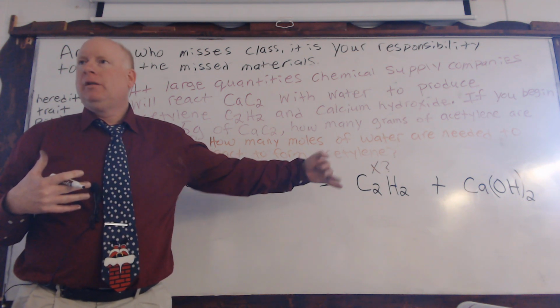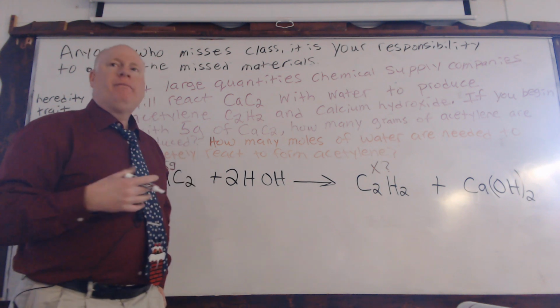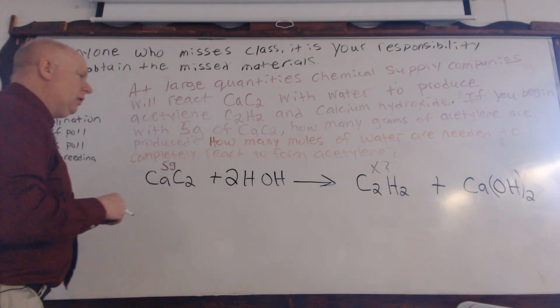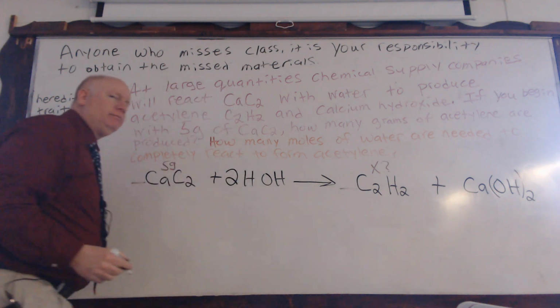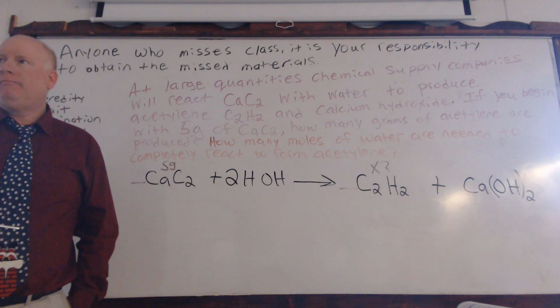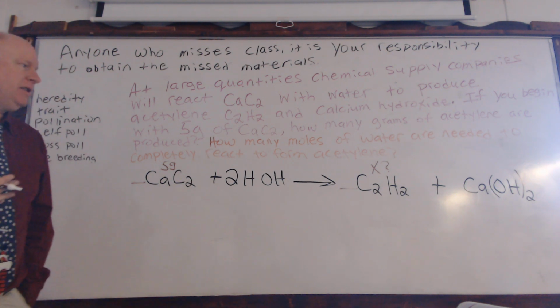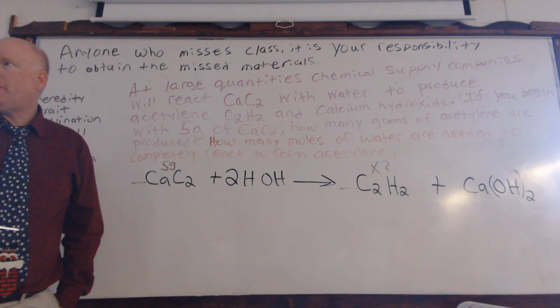No. That's part of it. Because in your mole ratio, what coefficients are we using? 1, 2, 1 to 1. So that means that even if you didn't do that correctly, you'd still come out all right.